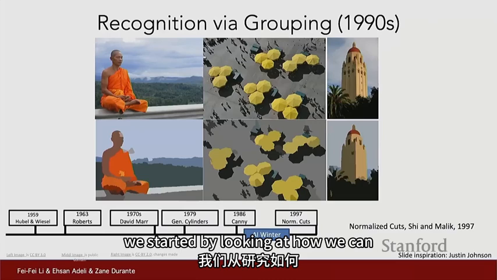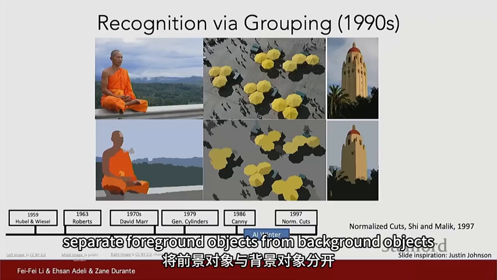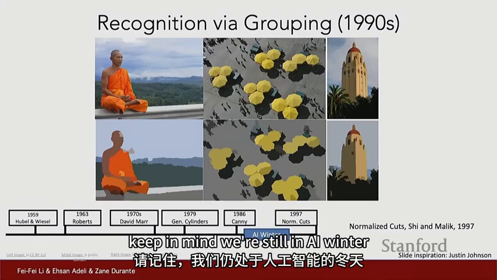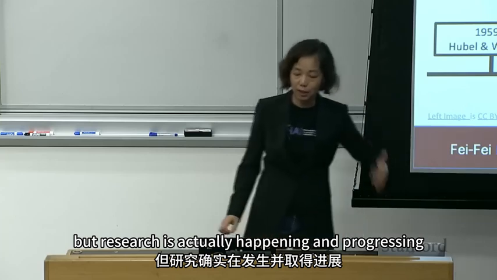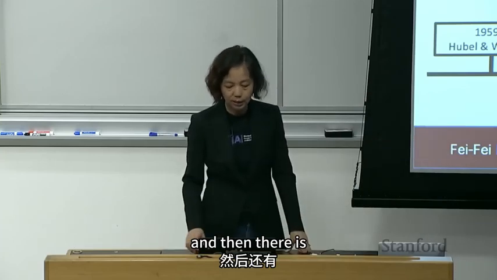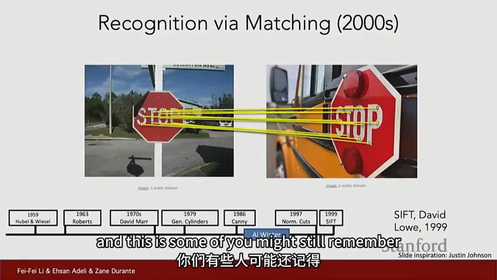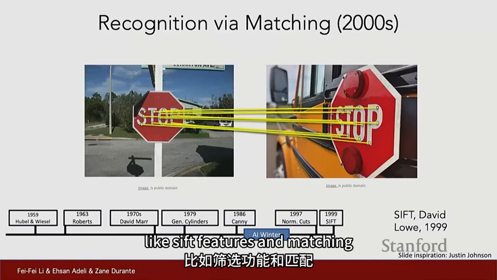We started by looking at how we can separate foreground objects from background objects. This is called recognition by grouping in the 1990s. Keep in mind, we're still in AI winter, but research is actually happening and progressing. And then there are studies of features, and some of you might still remember SIFT features and matching.